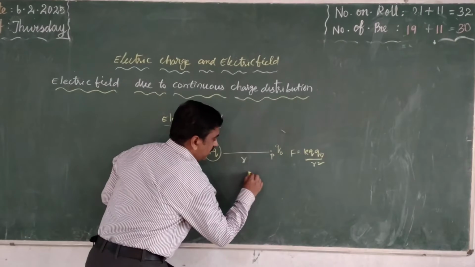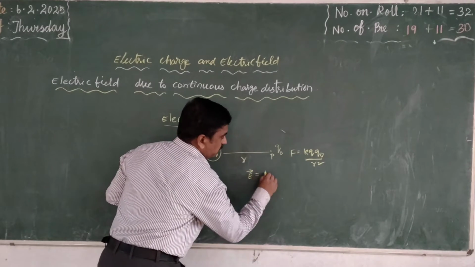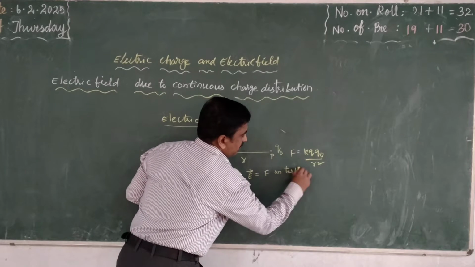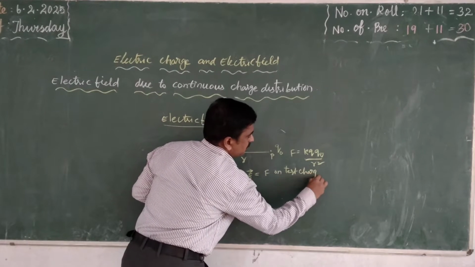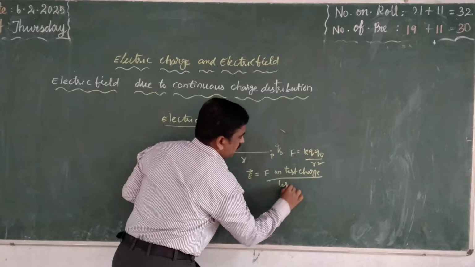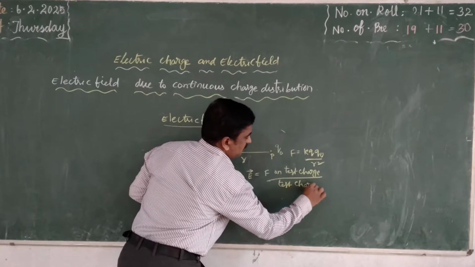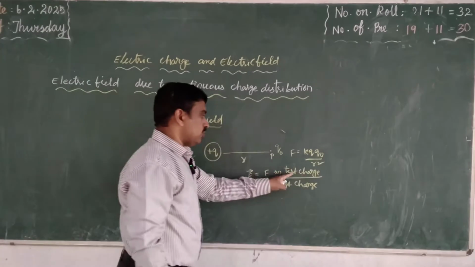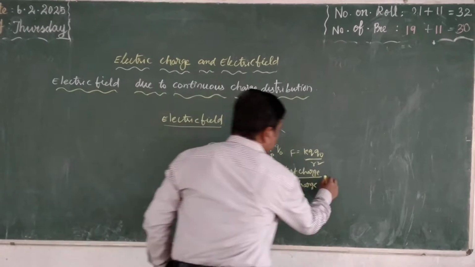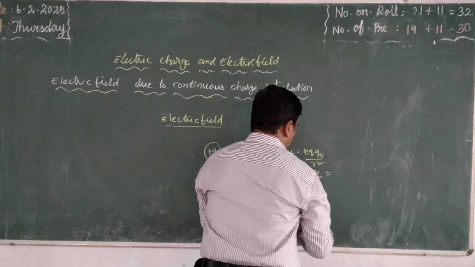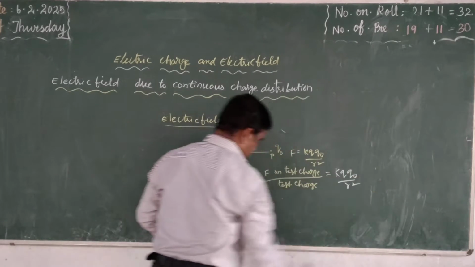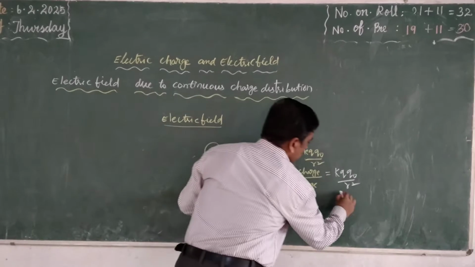Electric field equals the force exerted on the test charge by the test charge. The force exerted on the test charge is K Q Q naught by R square, and the test charge is Q naught.